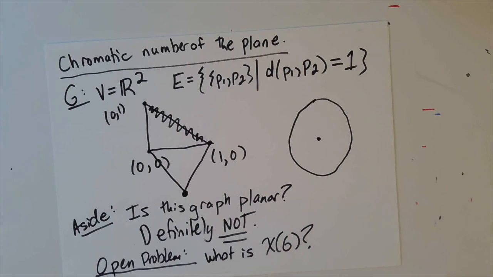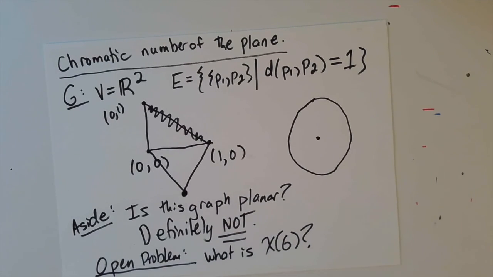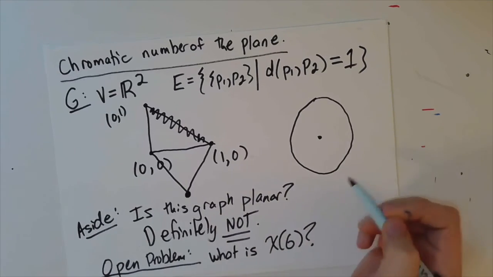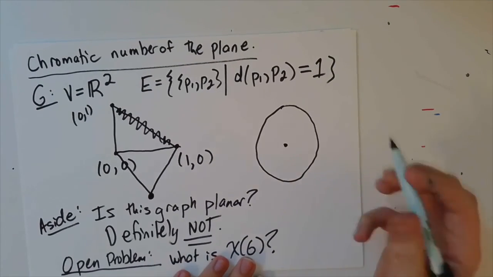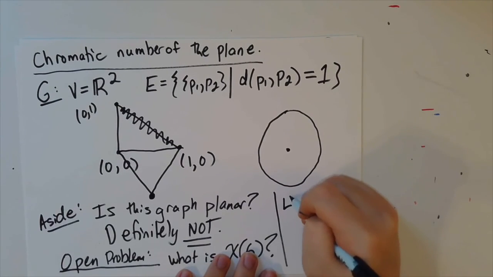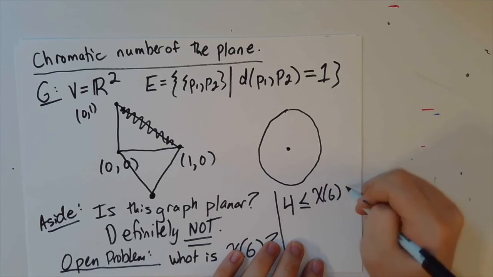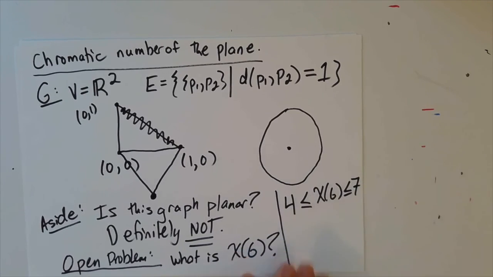In fact, it's an open problem that there's been recent progress on because we actually know a bound. As of 3 years ago, what we knew was that 4 is a lower bound and 7 is an upper bound.